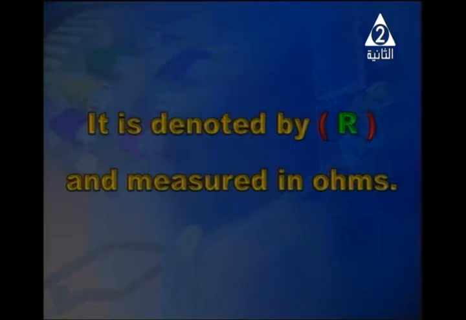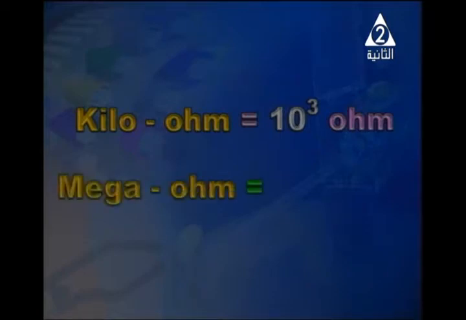It is denoted by capital R and measured in ohms. Kilo ohm, to convert it into ohm, is multiplied by 10 power 3, and mega by 10 power 6, to convert it into ohms.